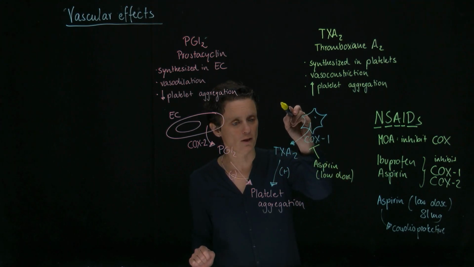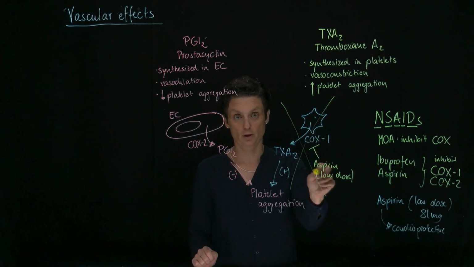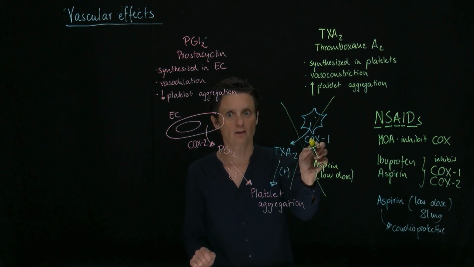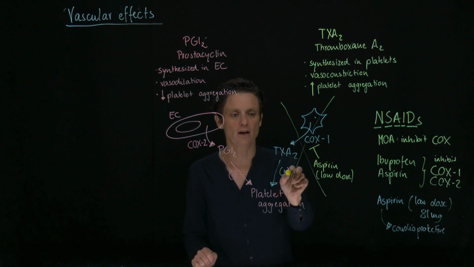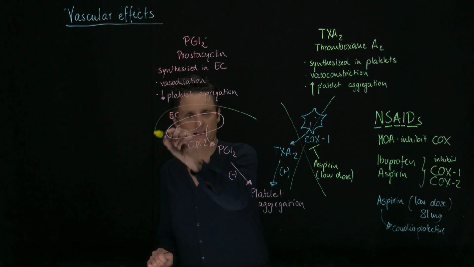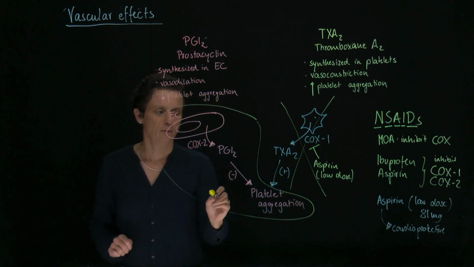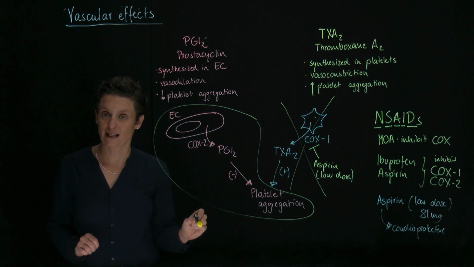So what are you going to do? So let's cross out this section. That's what we do with aspirin with the low dose. We inhibit COX-1, and therefore we're going to inhibit platelet aggregation, because now this is going to be the important part of the equation. We're going to inhibit platelet aggregation.